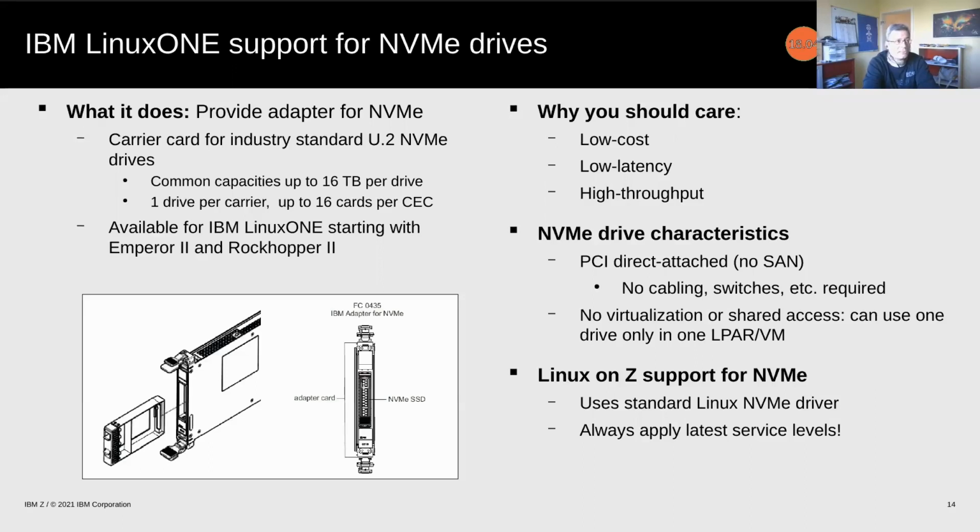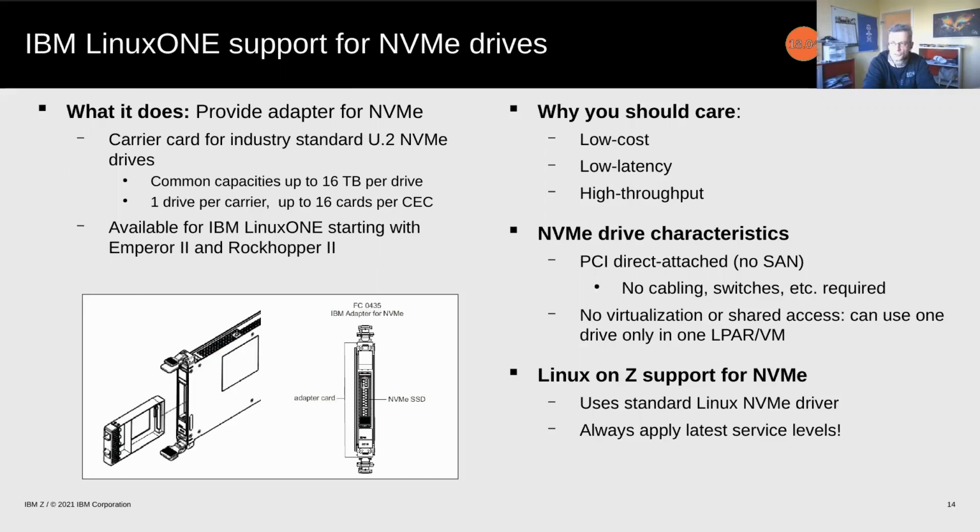Now, NVMe devices, as you probably know, provide very cost-effective storage solutions, very low latency, and very high throughput. And for the first time, you can have storage inside our IBM Z box, which previously was not possible.